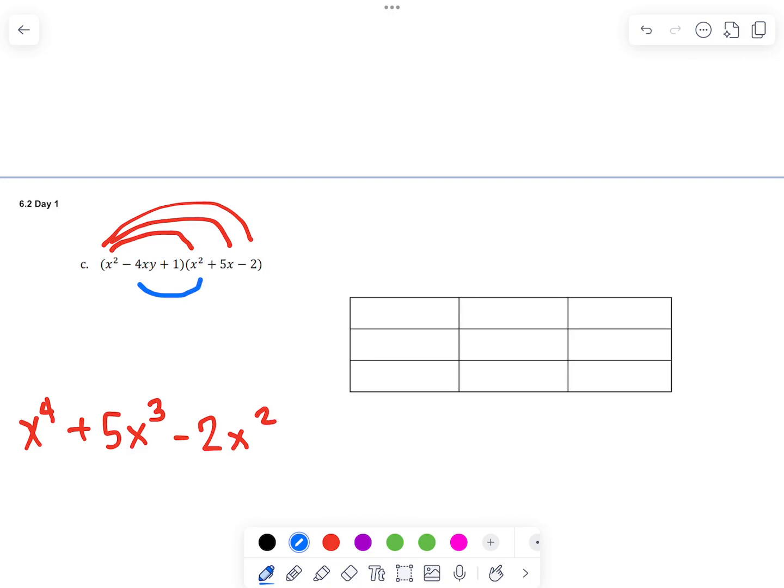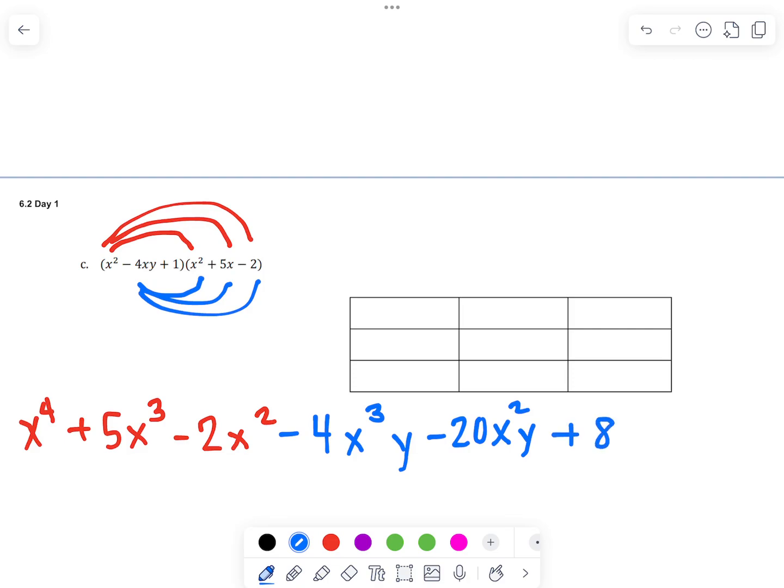Now we distribute the 4xy. So we get minus 4x cubed y, minus 20xy squared, and then plus 8xy.